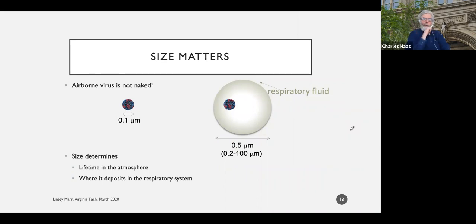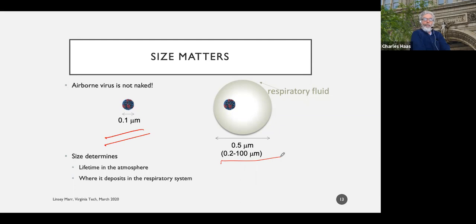Now, what happens when the virus is expelled by a cough or by a sneeze or even by normal breathing or normal speaking. First of all, the size of the virus itself, very small, 0.1 micron. But when it's emitted, it may be surrounded by mucus, saliva, other materials from the respiratory tract, and could be much larger, even up to 100 micron.